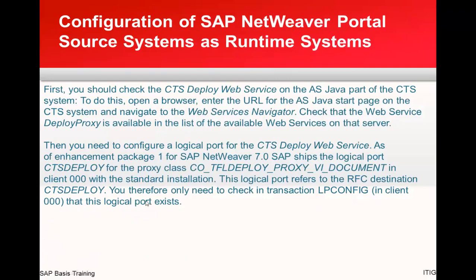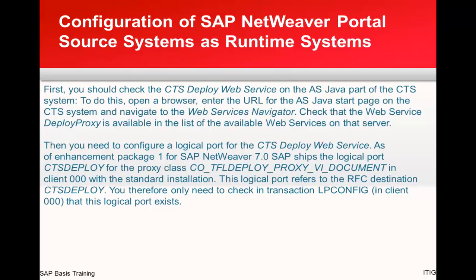Now, configuration of the NetWeaver portal source system as runtime system. We have done what needs to be done on the TDC, that is, the transport domain controller. Now on the systems where we want to deploy or connect, say the Java systems, we need to check the CTS deploy web service of the AS Java part.